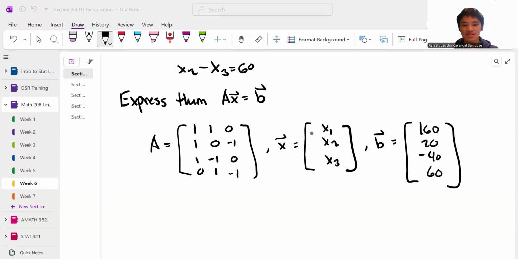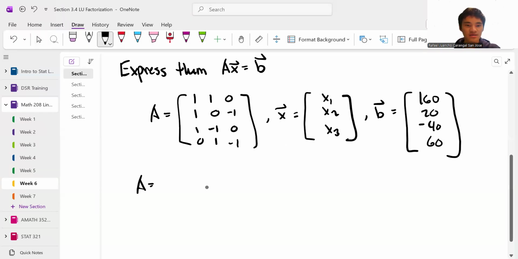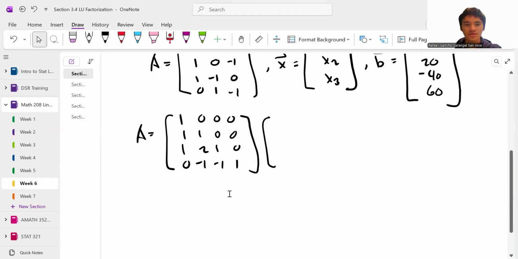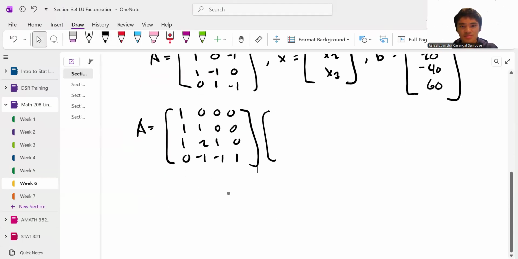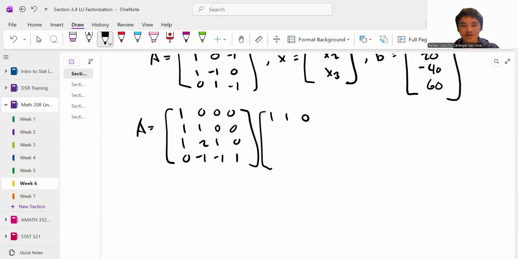Later we're going to see how this matrix A becomes two matrices. It's going to be 1, 0, 0, 0, 1, 1, 0, 0, 1, 2, 1, 0, 0, negative 1, negative 1, 1, multiplied by 1, 1, 0. You might be shocked at how in the world a matrix became two things.